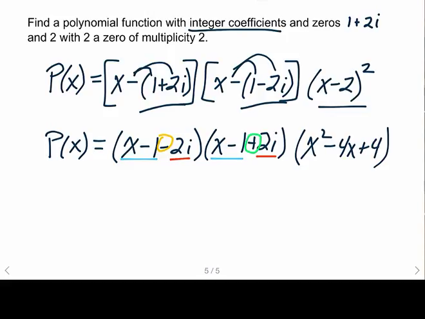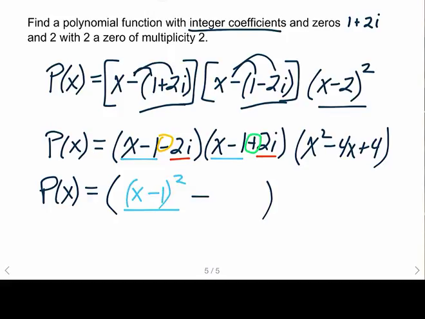Envisioning this as a difference of squares scenario having been factored, we're going to unfactor, that is multiply. And so I'm going to write this down as p of x is equal to, something that looks like basically blue x minus 1 squared minus red 2i squared.